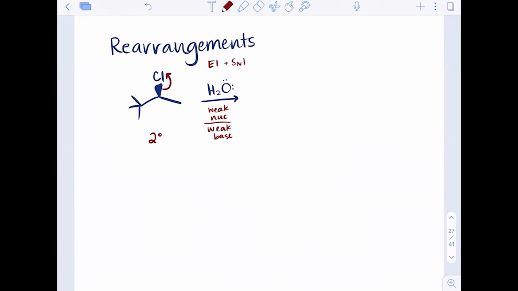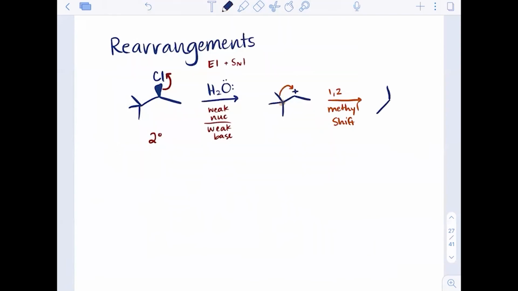But notice after step number 1 of my loss of leaving group, I have a secondary carbocation, and adjacent to it, right next door on what would be my beta, there's a more substituted center. So all those carbocation rearrangements that we had before, 1,2 methyl shifts, 1,2 hydride shifts, they can occur here.